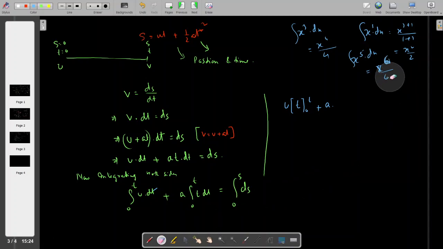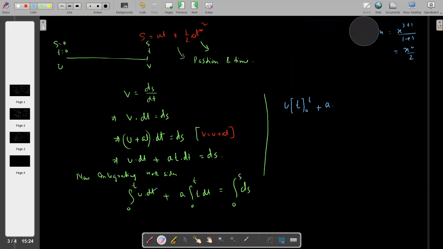I hope you have understood. Acceleration a is constant, and since it is integration of t dt, it will become t square by 2, with limits from 0 to t.